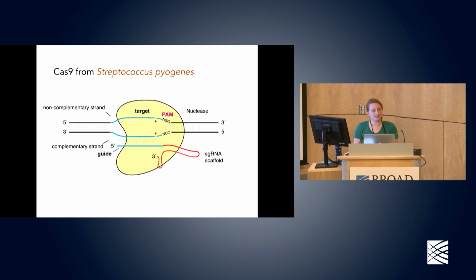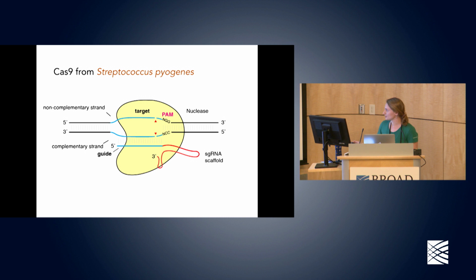To describe some of the key components of CRISPR-Cas-based targeting, shown here is the commonly used Cas9 protein from the bacterium Streptococcus pyogenes, or SP-Cas9. The protein Cas9, shown here in yellow, specifically interacts with a guide RNA, which is composed of two different parts.